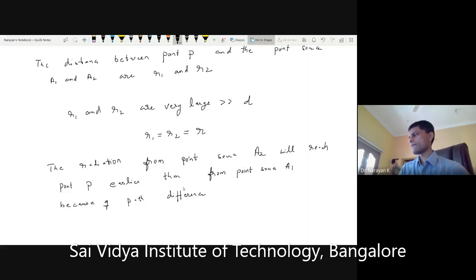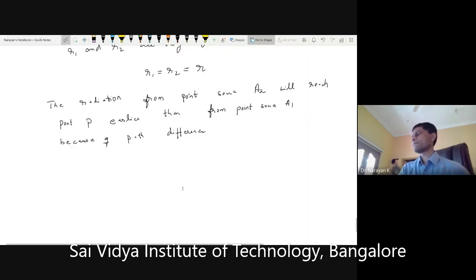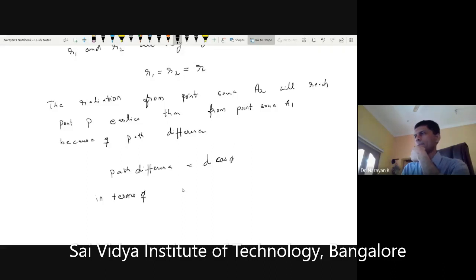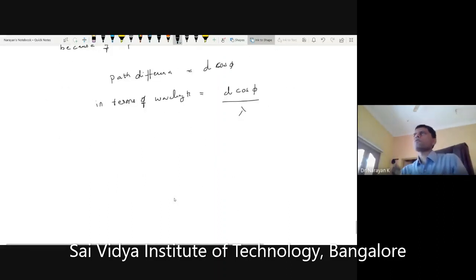Path difference is nothing but your d cos phi, which I have shown in the figure. In terms of wavelength, it is d cos phi by lambda. Okay. Now we are doing the derivation.